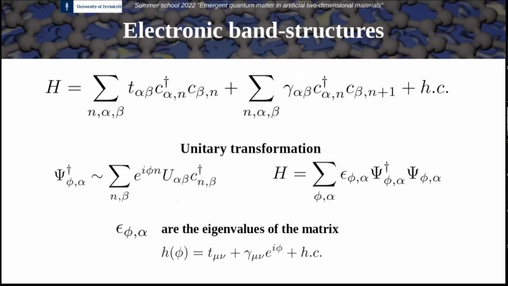If you take that basis, which is just the Fourier transform of your field operators, you can write down the Hamiltonian in a very simple way. In that basis, your Hamiltonian is written as epsilon phi alpha, psi dagger alpha, psi, where the psi are just the eigenfunctions of the translation operator.